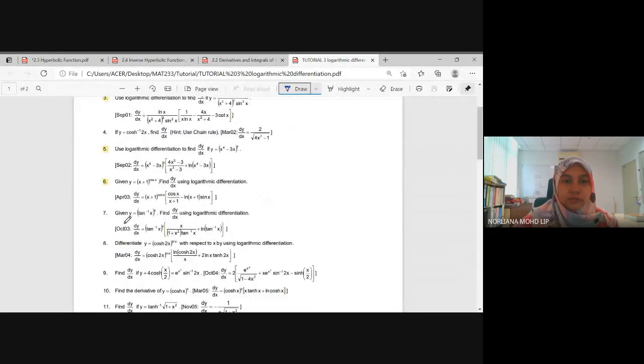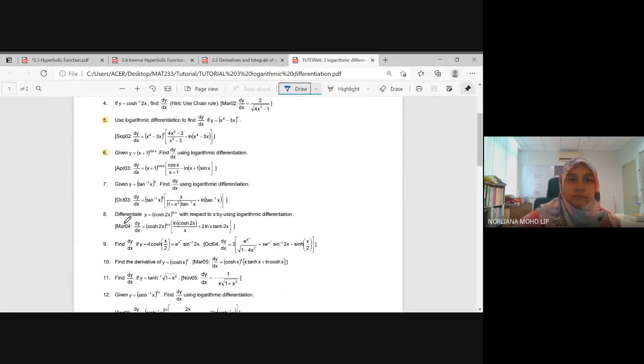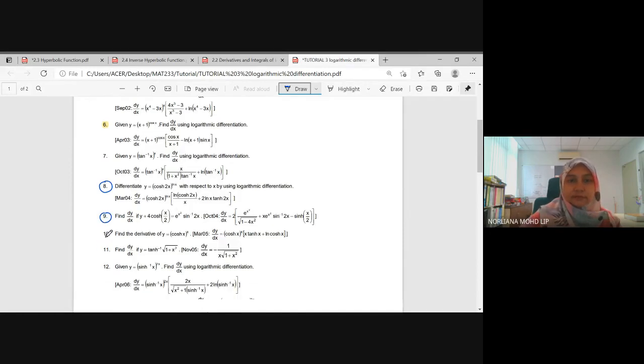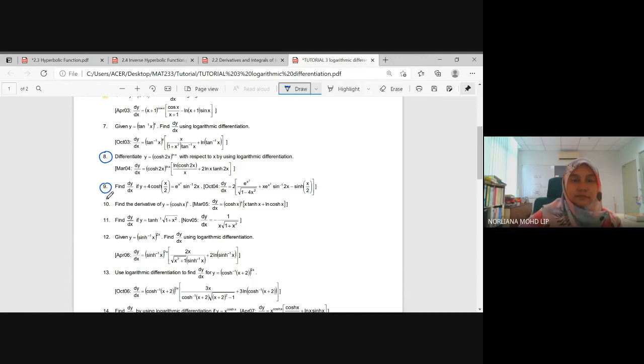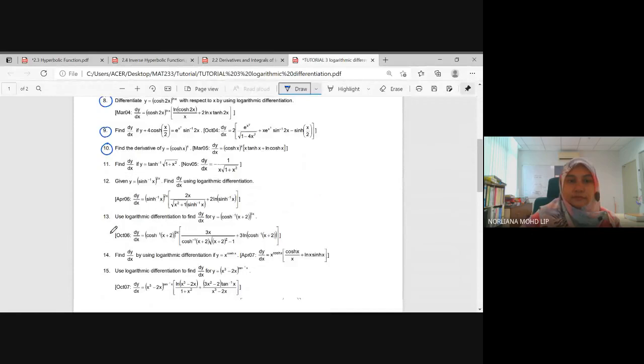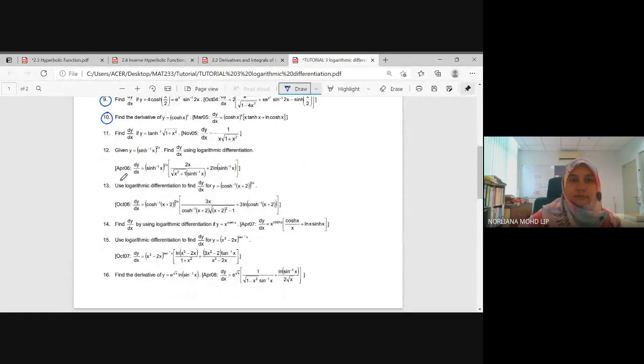Okay, banyak involve inverse apa balik. Cuba ni yang ni, number 8, 9, 10, 14.